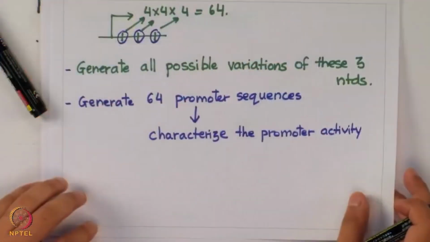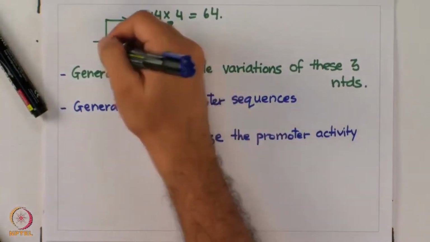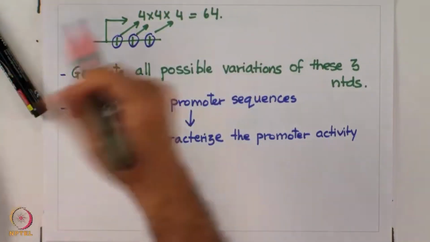This looks like a pretty good way to characterize the fitness landscape associated with the promoter activity, but the problem is the scale of the problem, the sheer number of experiments that you have to do to get complete information about the fitness landscape associated with this promoter. For example, if I decide that I want to characterize the fitness landscape of this promoter not by looking at just these 3 nucleotides, but there are lots of other nucleotides which I want to study as well.